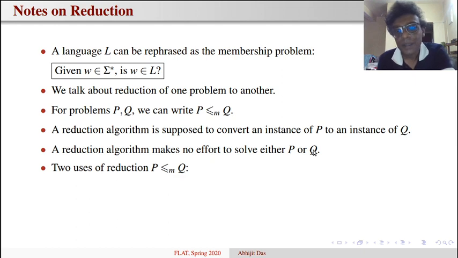Okay. But in future, P and Q will be related to something like machines. So when we make a reduction from this to this, we will typically say how this target thing behaves, which is usually a Turing machine, possibly a Turing machine followed by an input, like that.